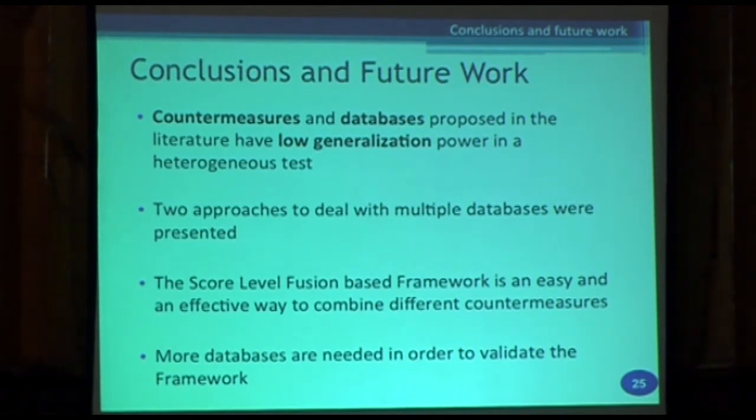The score-level fusion-based framework is an easy and effective way to combine different countermeasures. As we did here, we can combine different databases, but we can also combine, for example, different kinds of attacks or countermeasures that are complementary.